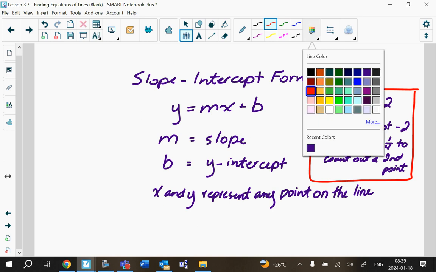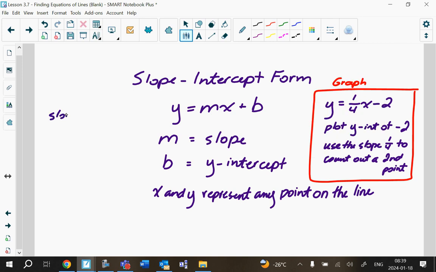If I said the slope is -5, the y-intercept is 4. What's the equation? Y equals -5x plus 4.